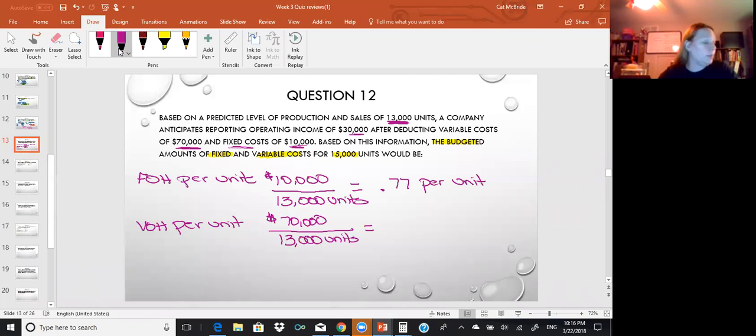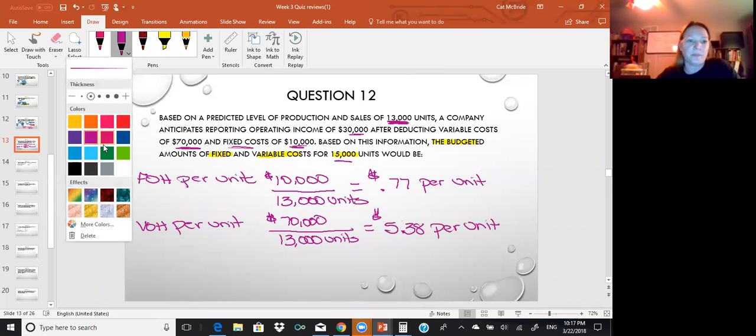So my variable cost per unit is $5.38. I had to convert them to units because now I have to figure out, instead of making 13,000 units, what happens if I make 15,000?